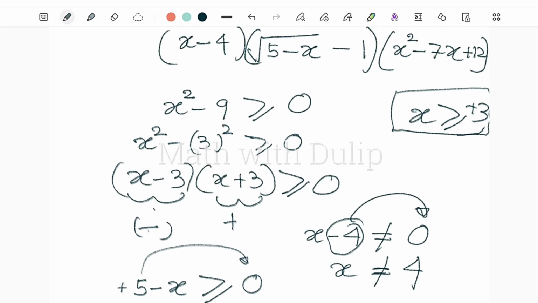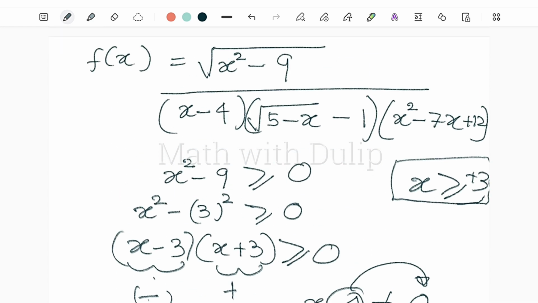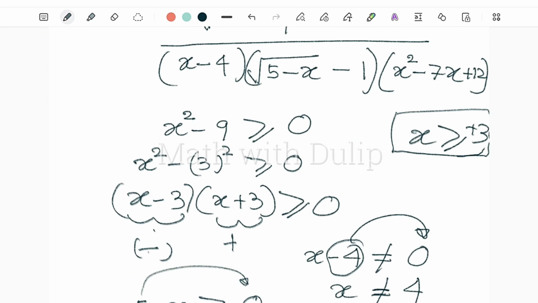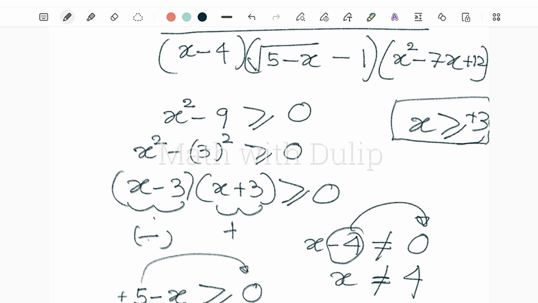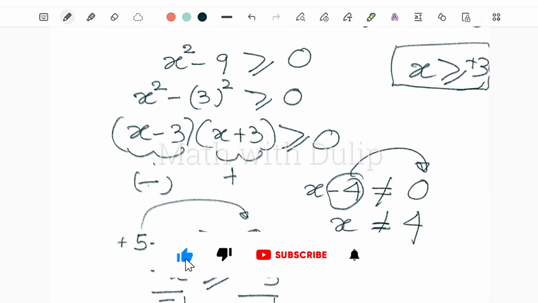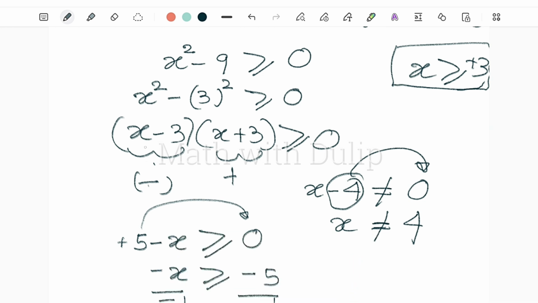Now, all these values I can represent on the number line. Let me do that. So this is one of the conditions, and here, if I use a value less than negative 3, say for example negative 4, this is going to be negative, and this is going to be negative, and negative times negative is positive.